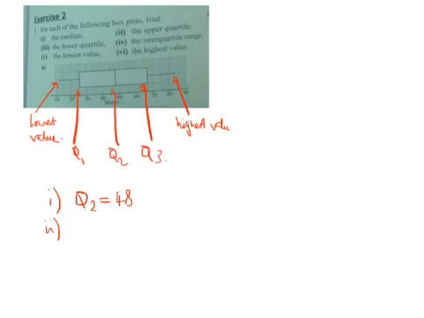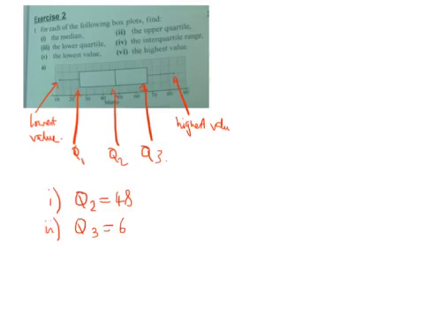Part 2 asks us to find the upper quartile. And the upper quartile is Q3. And Q3, we read off the position of this vertical line here. Q3 in this case, that's 60, 65, 66, 67.